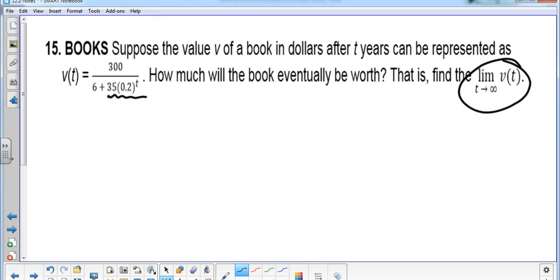You take 35 and you keep multiplying by 0.2. That's 20%, right? There's only 20% left of it. Then there's 20% of that. Then there's 20% of that. What's that going to approach? 0. Okay? So what's left is going to be 300 over 6.